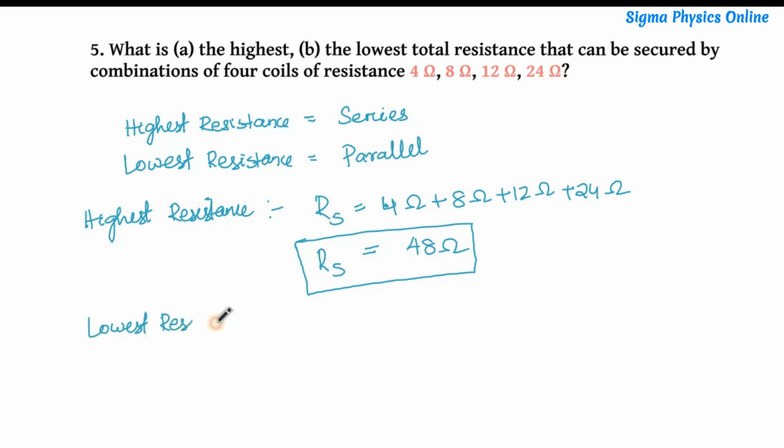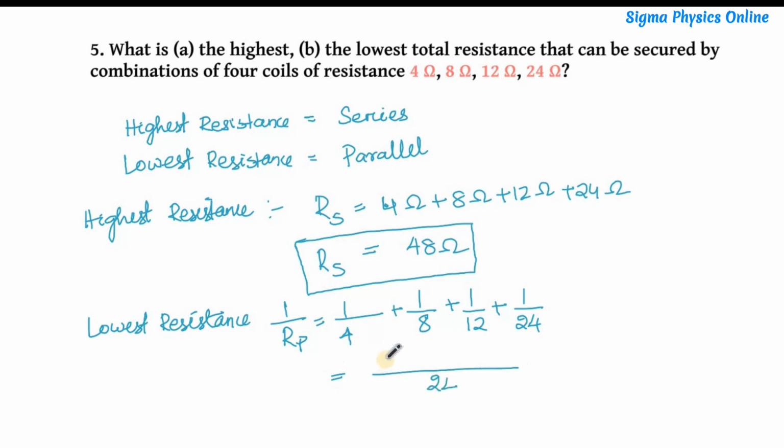For finding out the lowest value of resistance, we'll have to connect all of them in parallel. So 1 by Rp is 1 by 4 plus 1 by 8 plus 1 by 12 plus 1 by 24, which gives LCM is 24.